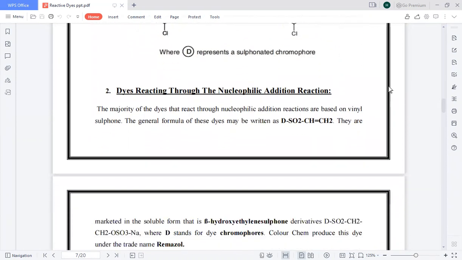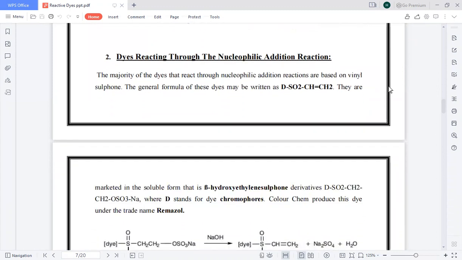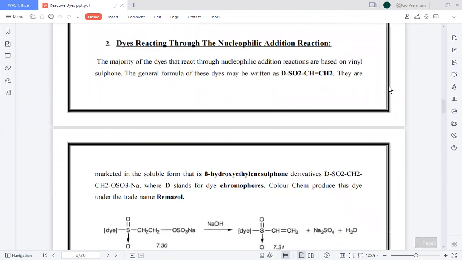And the second type is the dyes reacting through the nucleophilic addition reaction. The majority of the dyes that react through nucleophilic addition reactions are based on vinyl sulfone. The general formula of vinyl sulfone is shown such as this one.